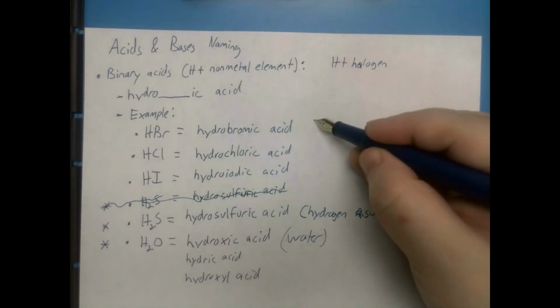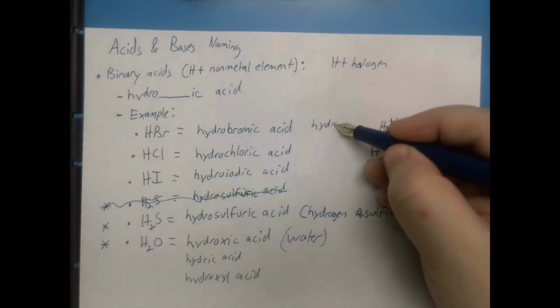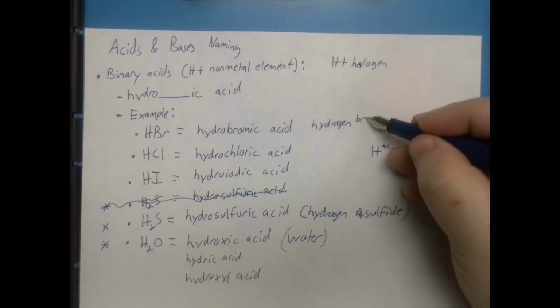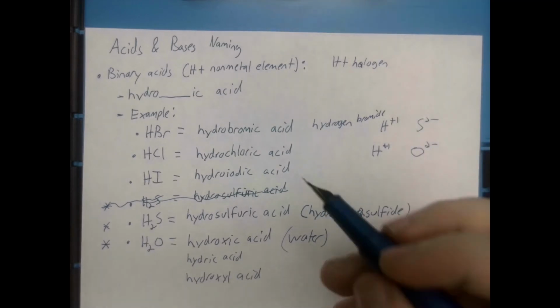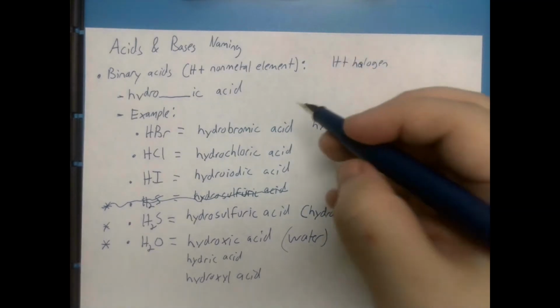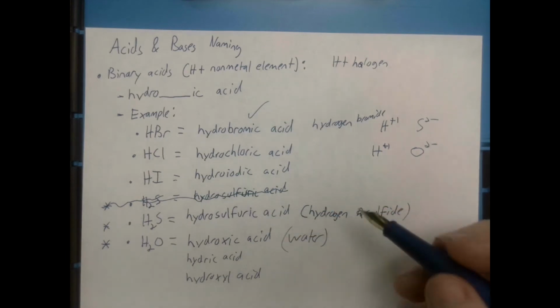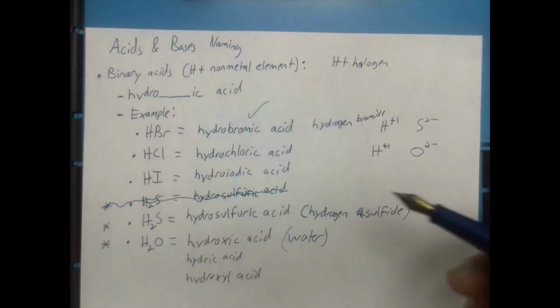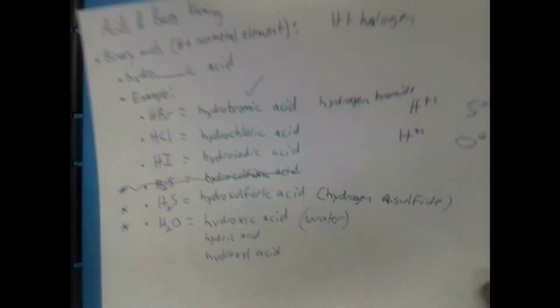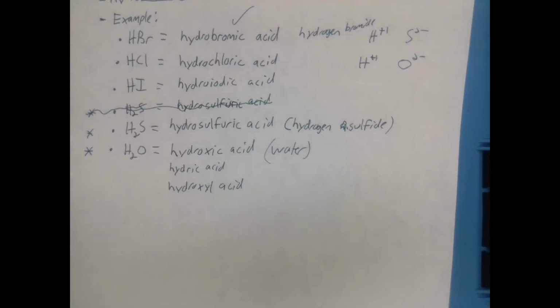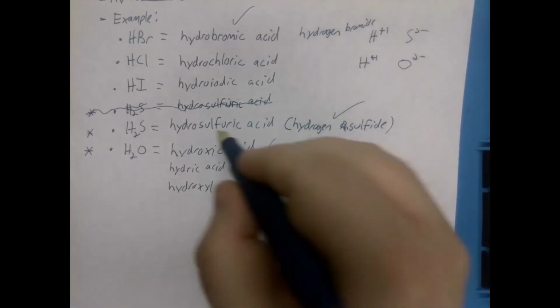We would never say that this is hydrogen bromide. For hydrogen and halogens, we use the acid name for them. For everything else that is binary, we use the ionic name for it.